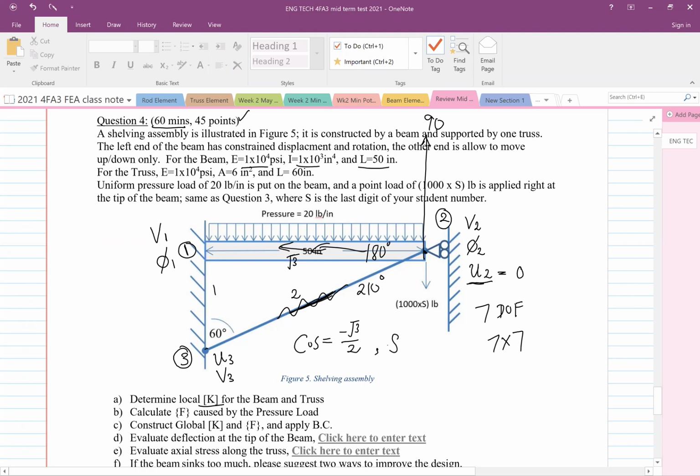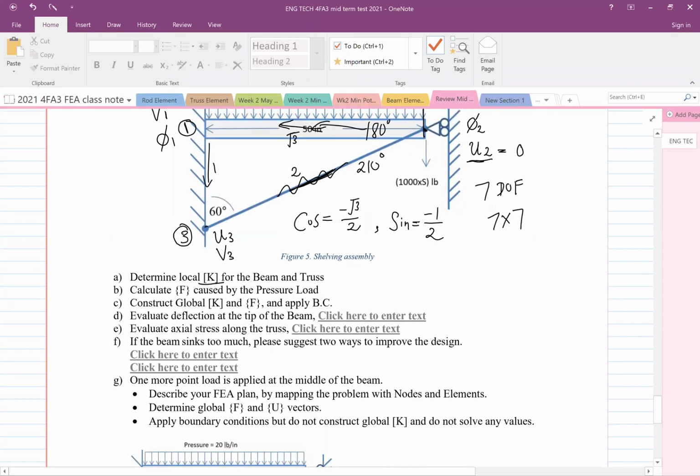And sine, going from node 2 to node 3, we have to travel down by 1 divided by 2.